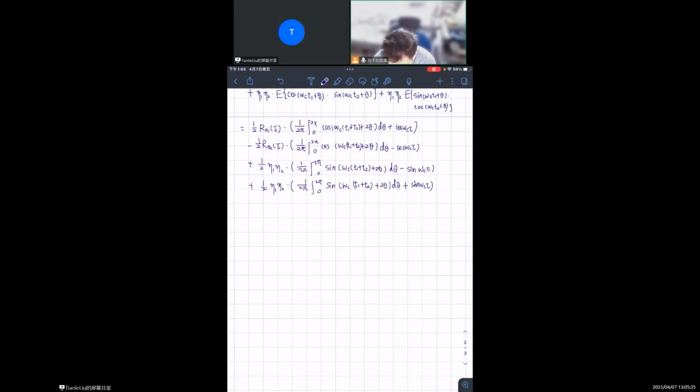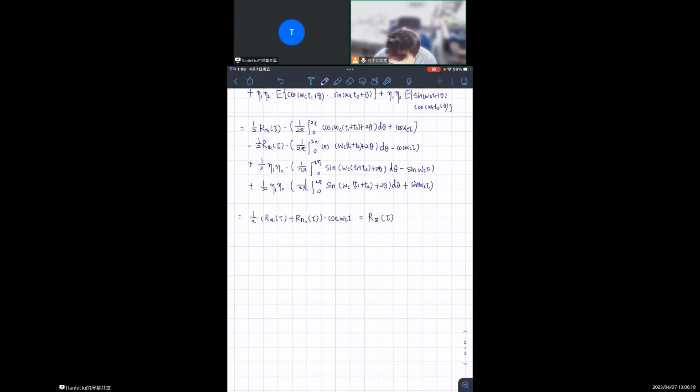That's it for writing out the expected value parts. Next, we can simplify, and it comes out to one half of (R_N1 plus R_N2) multiplied by cosine(omega_c(t1 minus t2)), plus the sine term, which equals R_Z.